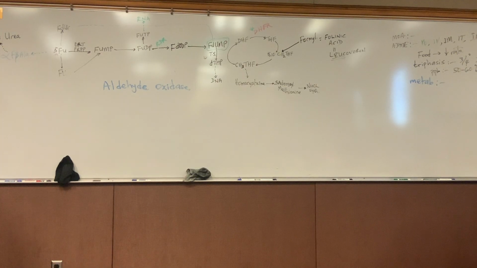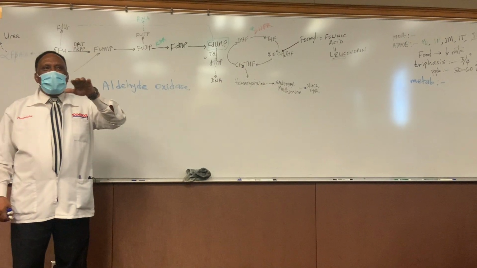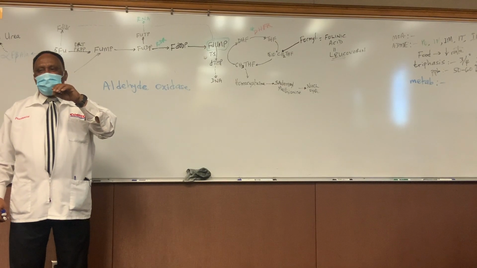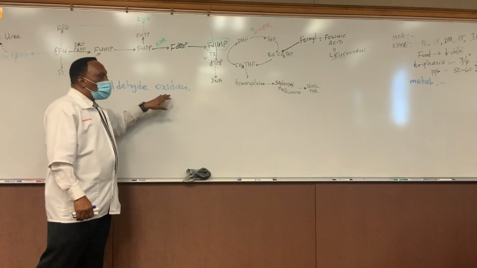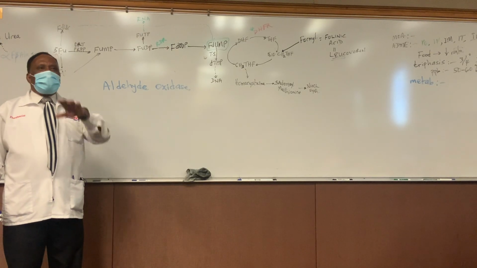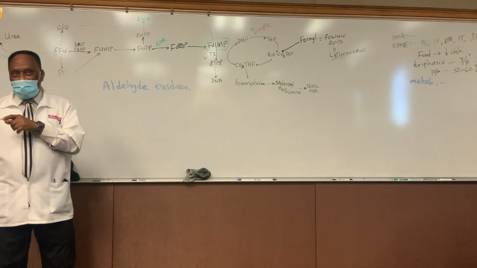The enzyme that does that conversion is aldehyde oxidase. This enzyme is also present in the liver. That's also the enzyme that is involved in the metabolism of cyclophosphamide.